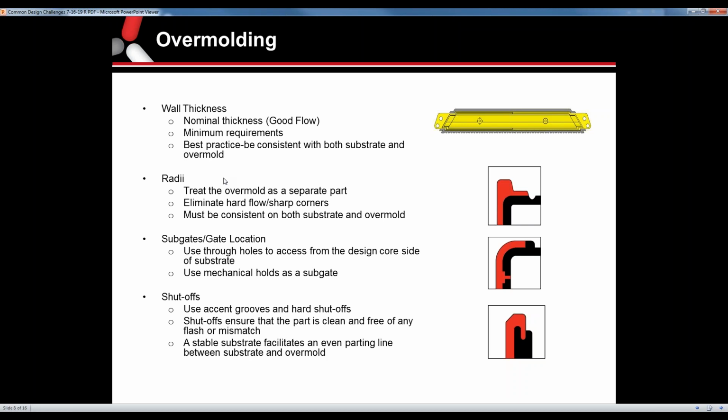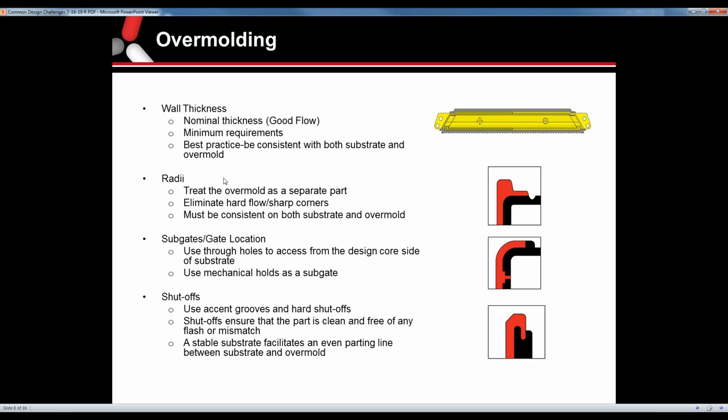You want to at least meet the minimum requirements for wall thickness for the material that you're using. And again, treat each part individually and follow the best practices for designing for injection molding. The same thing goes for the overmolded material as it does the substrate.